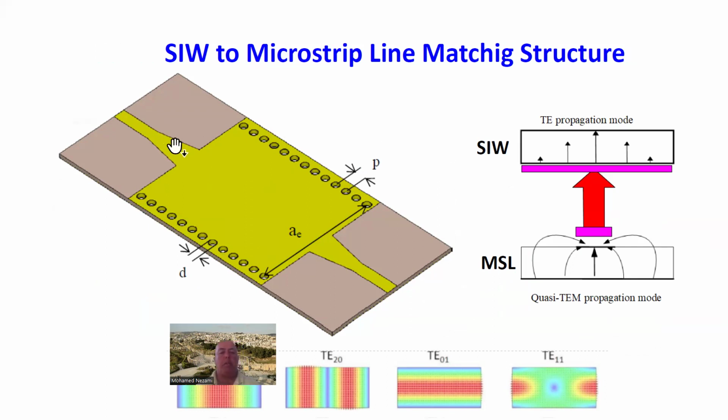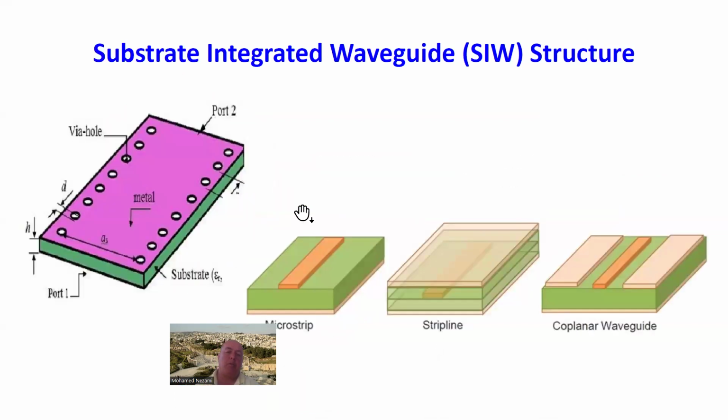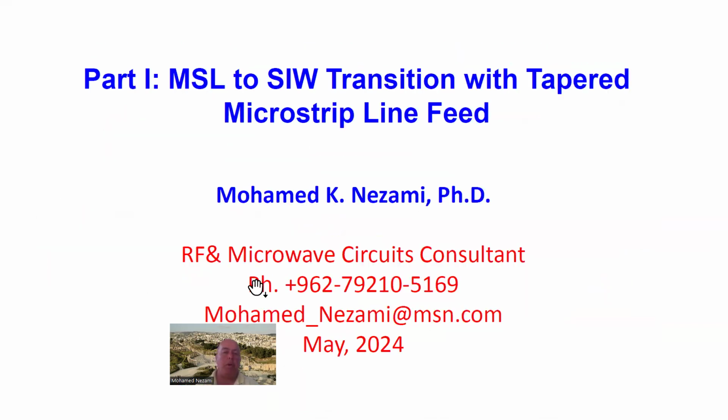Basically the transition is really simple: we come in at 50 ohm at some point, and then we add a taper line in here to carry out the transition from the 50 ohm line to the relatively low impedance of the substrate integrated waveguide. And so we will come back and talk about this more.